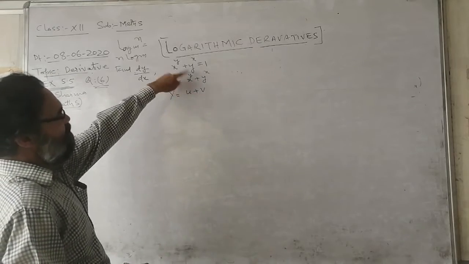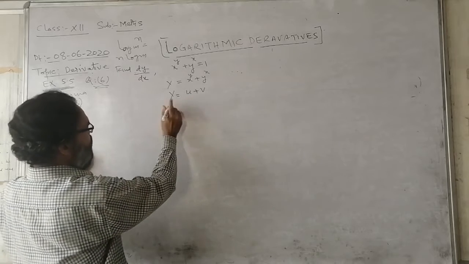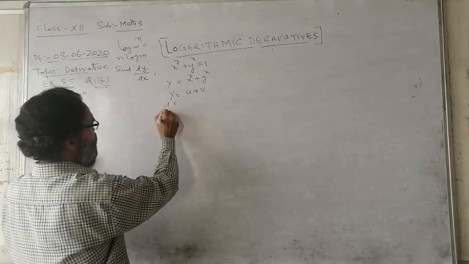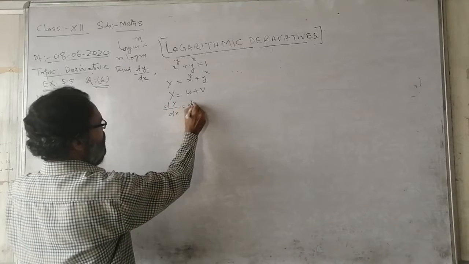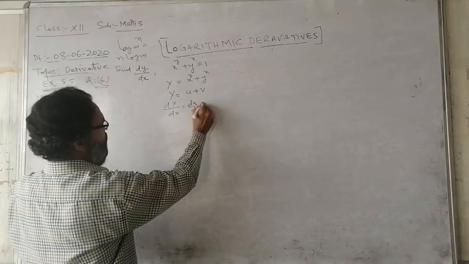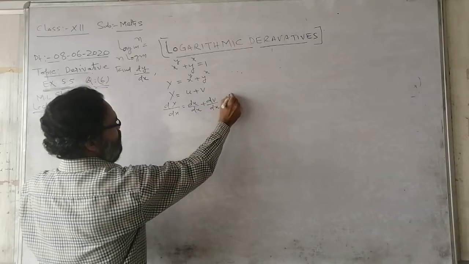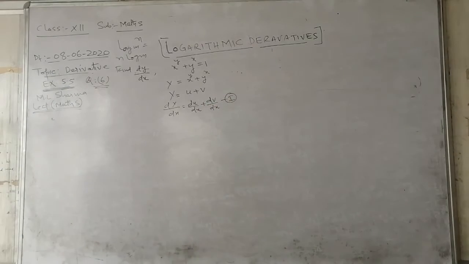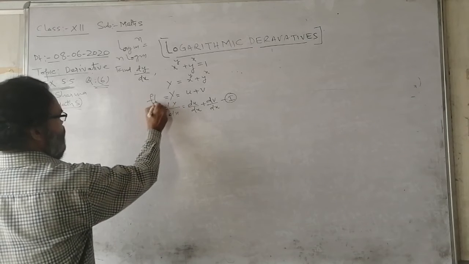This term is to be taken as u and this term as v. So if I differentiate, dy upon dx will equal du upon dx plus dv upon dx. Let it be equation first.